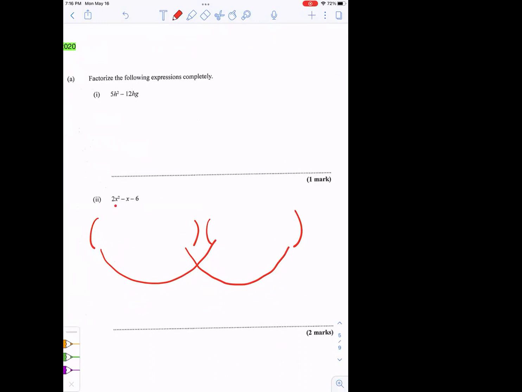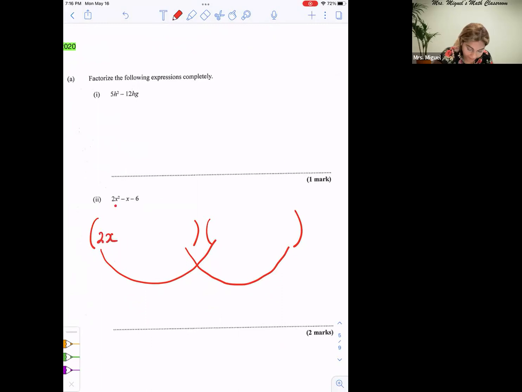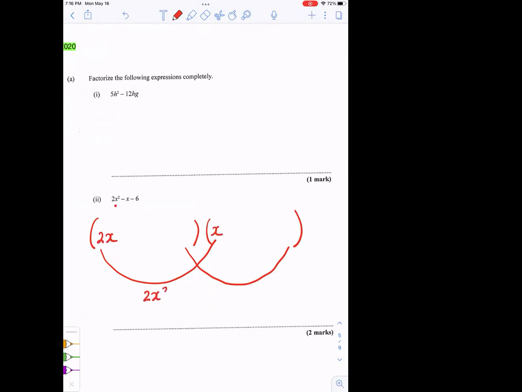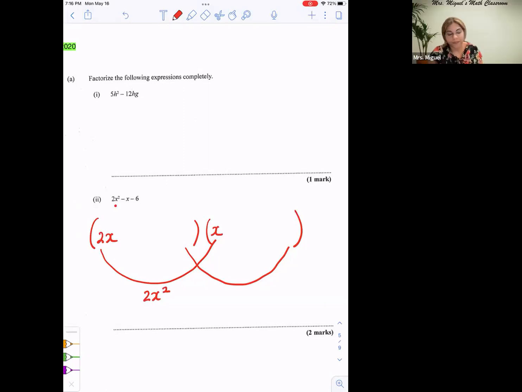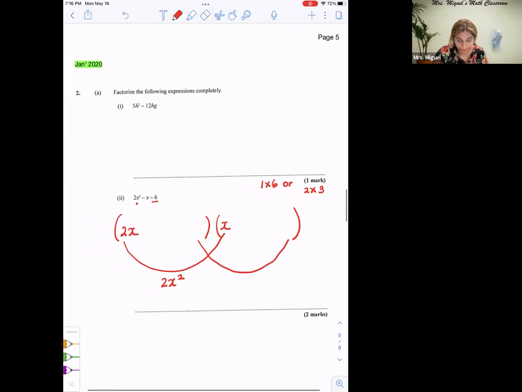Means 2x by x. 2x by x. Who can confirm that? Yeah, miss. Right. Now, I need to get -6. So I can try 1 by 6 or 2 by 3. So let me try the 1 by 6.